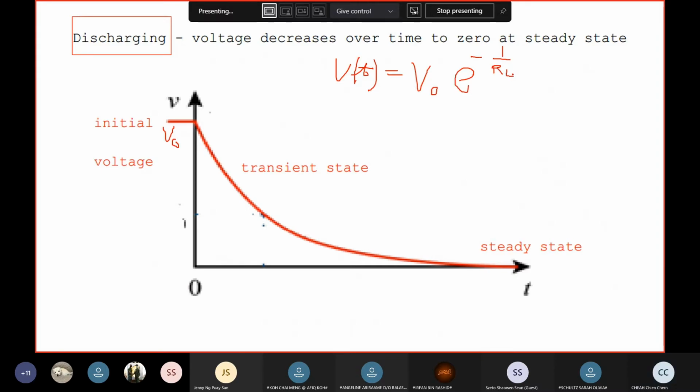T equal to infinity, steady state, V goes to 0. In between, at any time, you can calculate the voltage. So that's called the transient. Before it reaches steady state, at any time instance, I want to know the voltage.